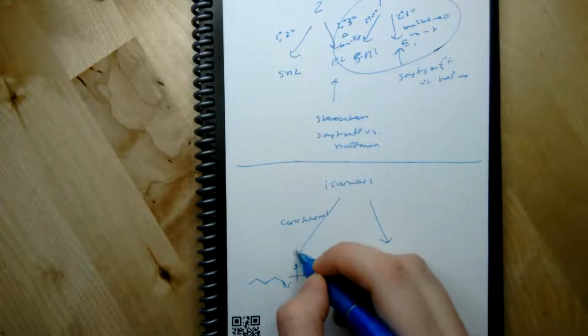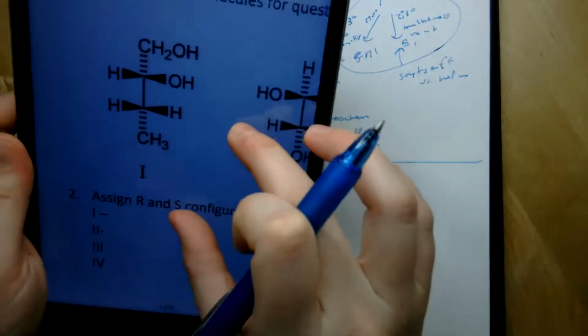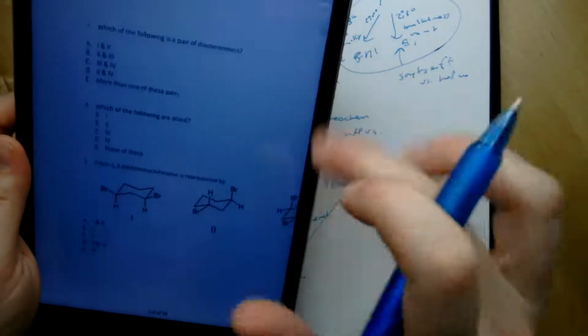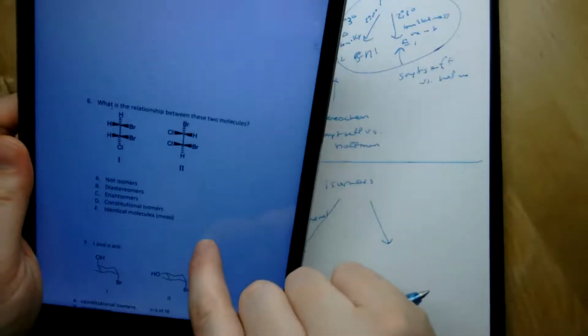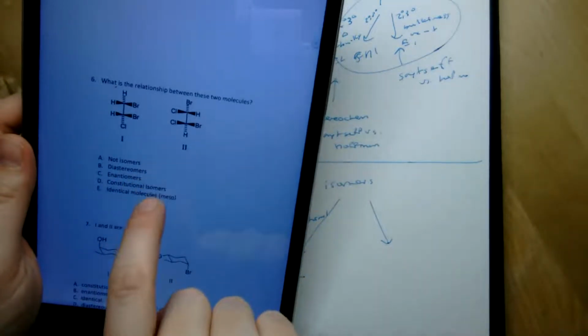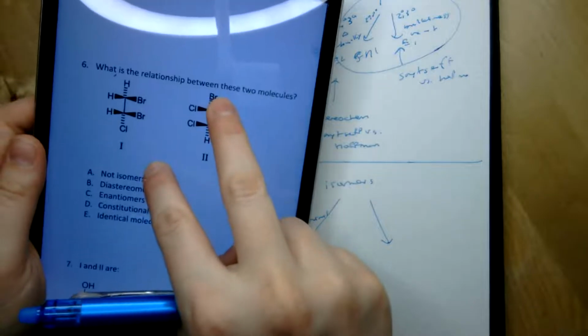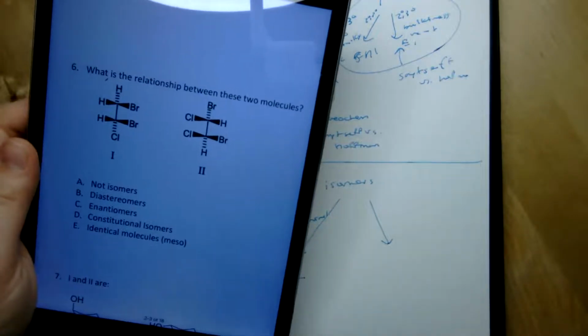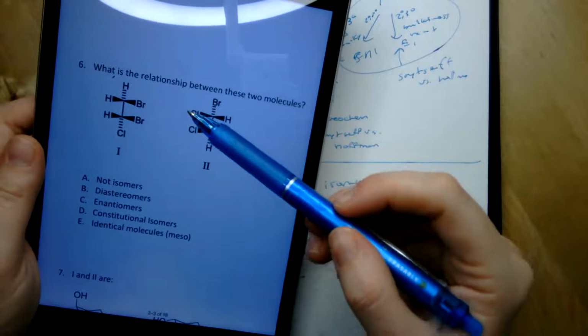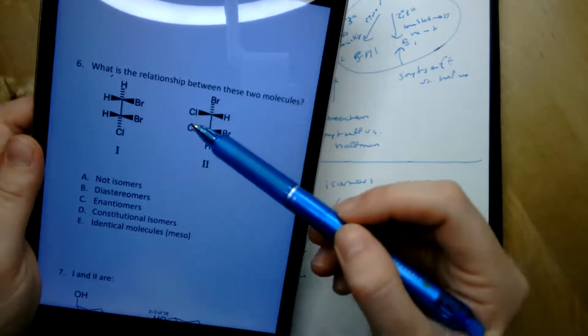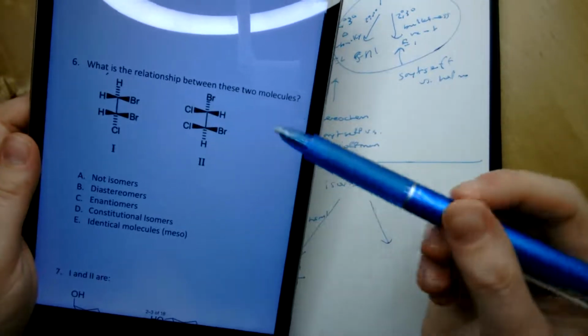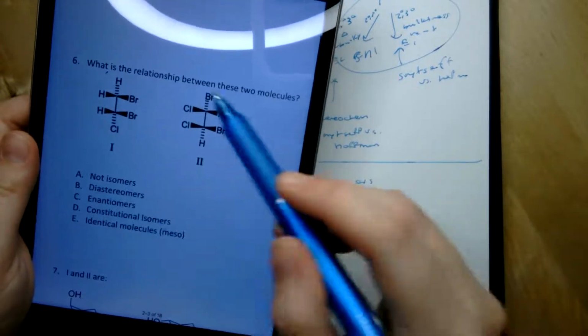I think there was a question on here, question 6, where these are not isomers because they don't even have the same number of chlorines, and you have to have the same number of everything to be isomers at all. So these aren't isomers.